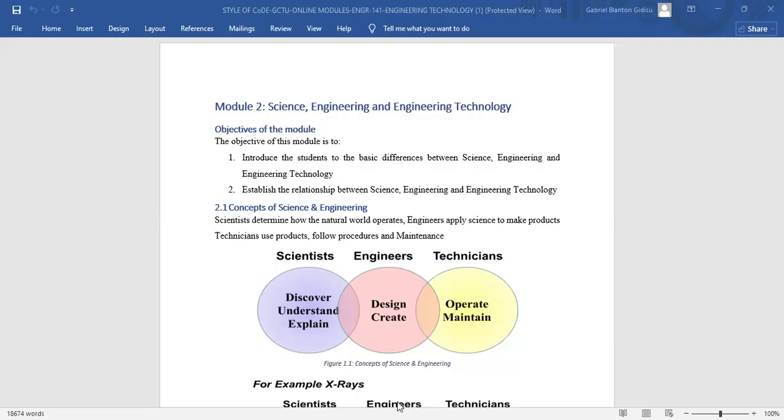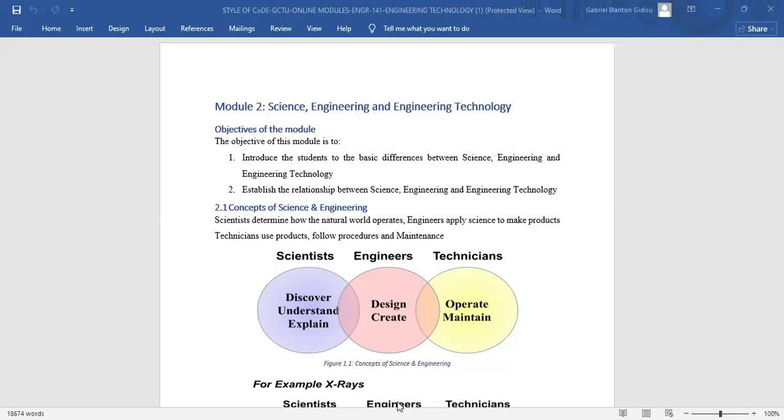Okay. So we have scientists who do discovery. Scientists discover, they understand what they discover, and they can explain it. Engineers don't need to do discovery. They need to work on what the scientists have done already. So they design and create based on scientific facts.